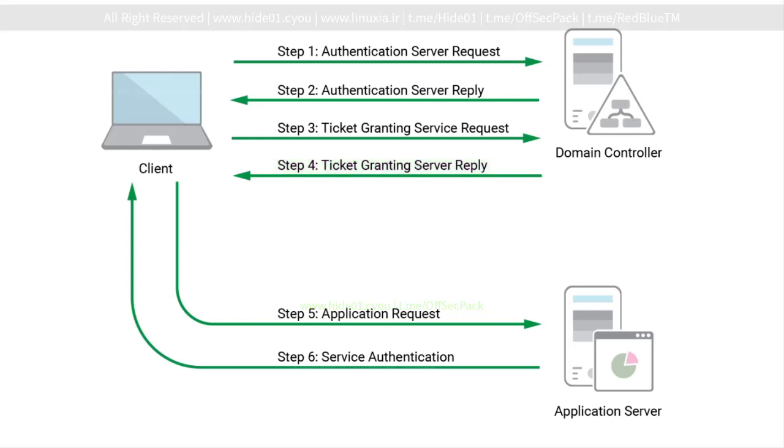This packet contains 3 parts: the SPN to which access has been granted, a session key to be used between the client and the SPN, and a service ticket containing the username and group memberships along with the newly created session key.